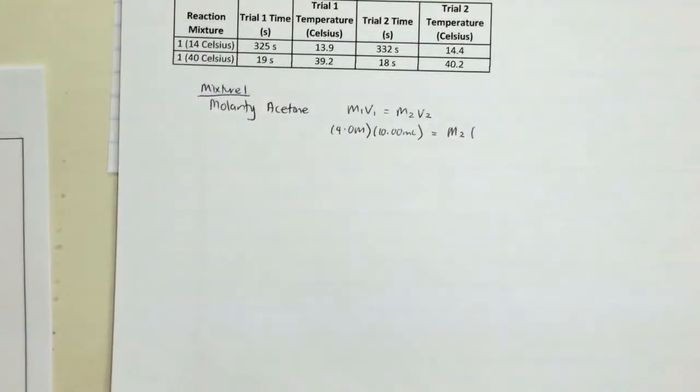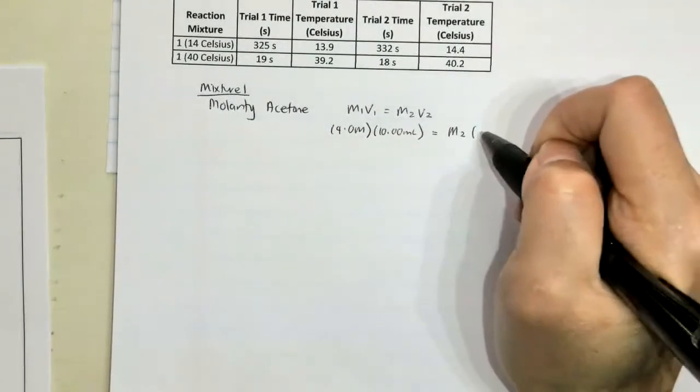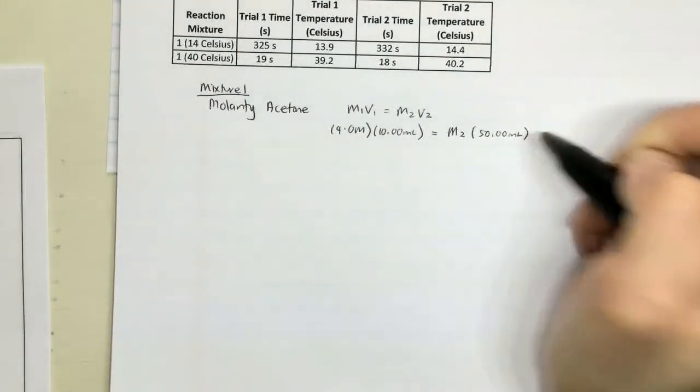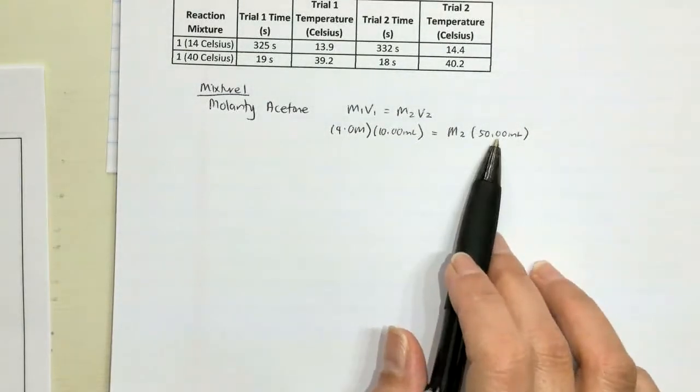My new volume is going to be 50, because the total was 50. You take 10 mL of acetone, you dump a bunch of stuff in there, and the total ends up being 50. So V2 is 50 right here.